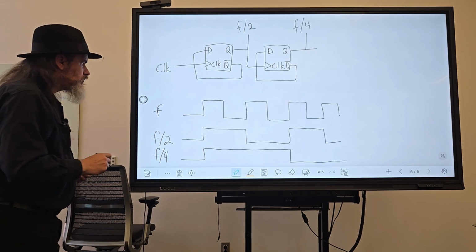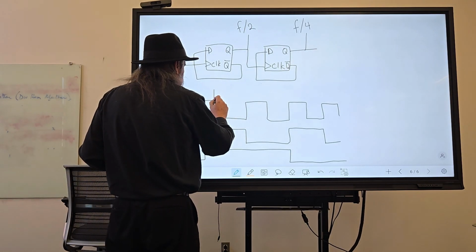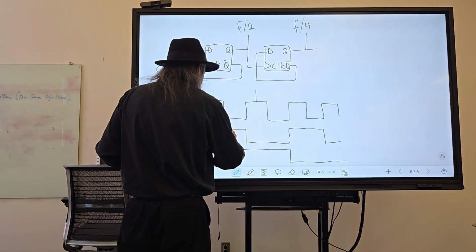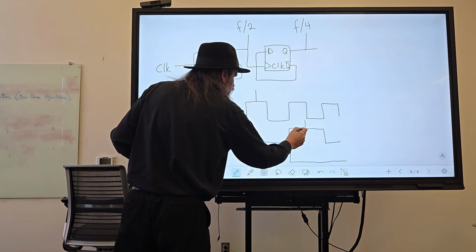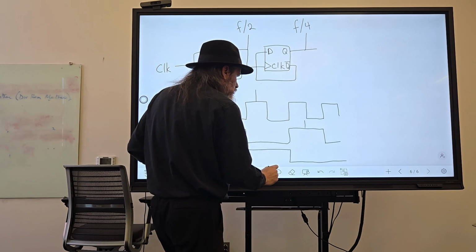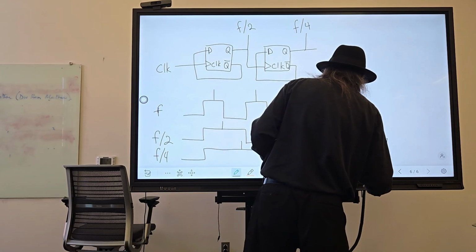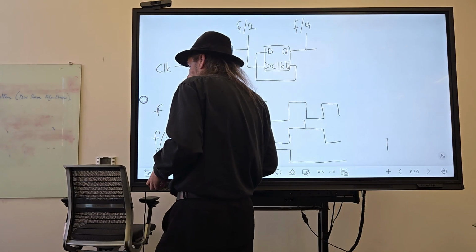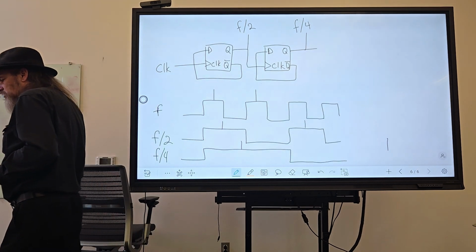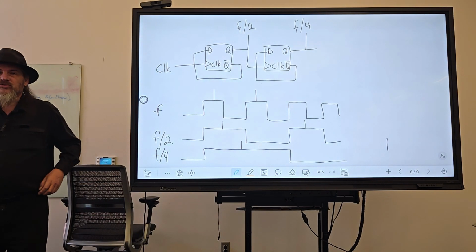So your peak to peak, each step in the frequency divider divides the frequency by 2.